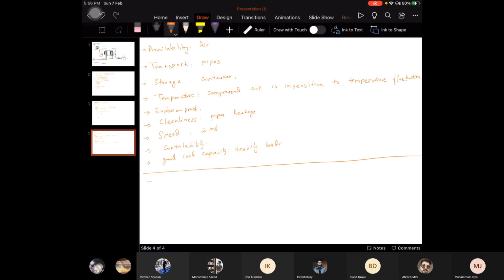What an operator usually does in industry is regulate the pressure and maintain the pressure at the back end. They try to overcome the leakage by increasing the pressure at the back end, which can be very costly to the industry.